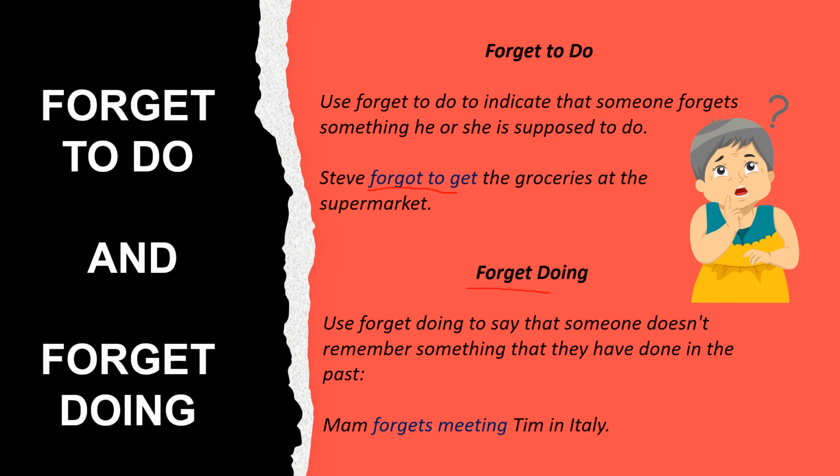Forget doing. We're going to use forget doing to say that someone doesn't remember something that they have done in the past. So for example, the man forgets meeting Tim in Italy. So he doesn't have any memory about it.